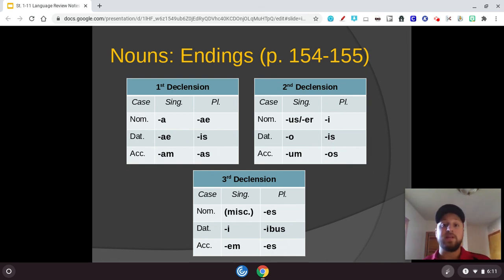Also with plurals, the nominative plural, we saw this back in stage 5: ae is a plural and nominative ending, i is a plural and nominative ending, and es is plural and nominative also. So just be familiar with these endings. We're going to review them as we go. Do your best with the assignment here, and we'll continue to review both this week and next week.